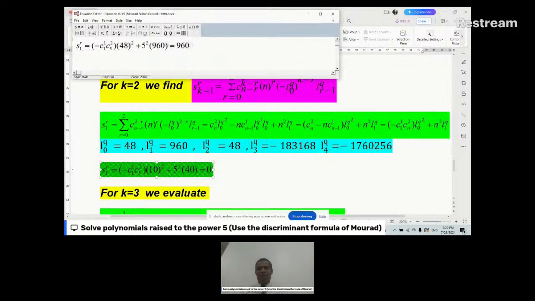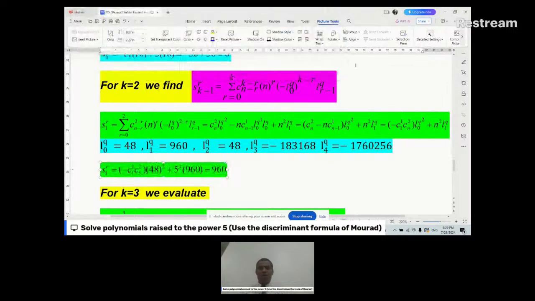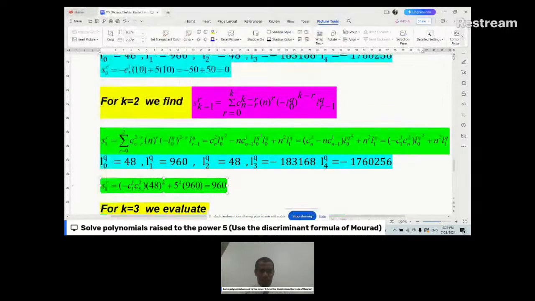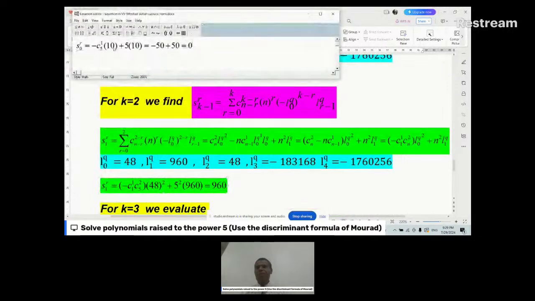So we close this one, learners. We got now the value of S1. I'll check S0. Did I replace? Yes. Here I should replace this one, learners. It will be negative 5 times 48 plus 5 times 48. So this one is going to be equal to 0, you can see that.